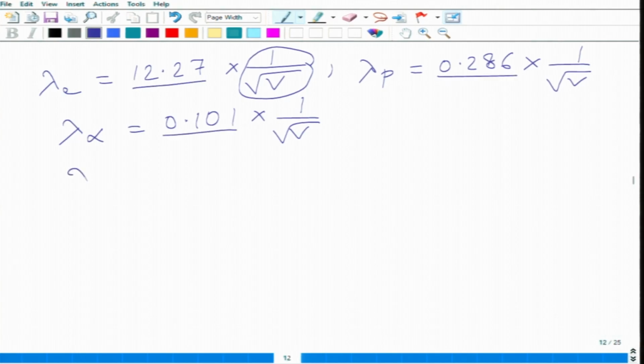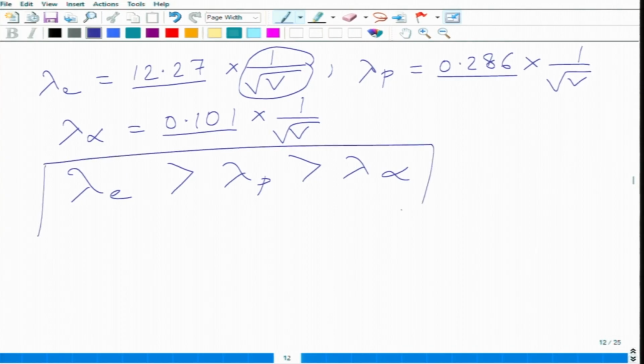By these quantities we see that lambda of electron is much greater than lambda of proton, and lambda of proton is greater than lambda of alpha particle.